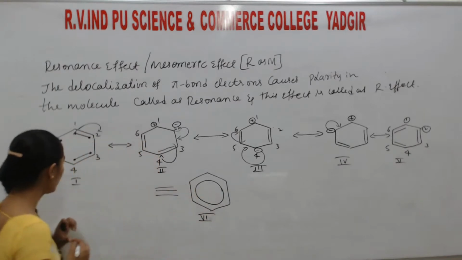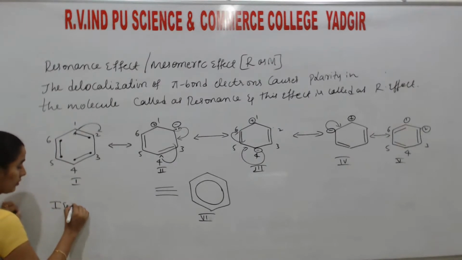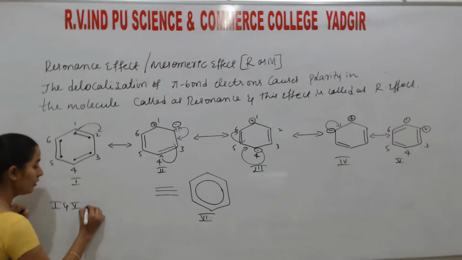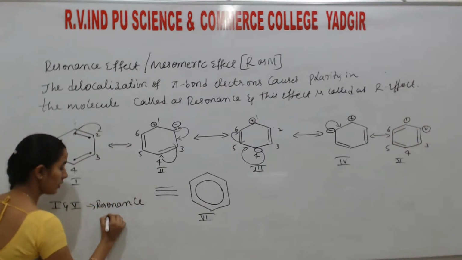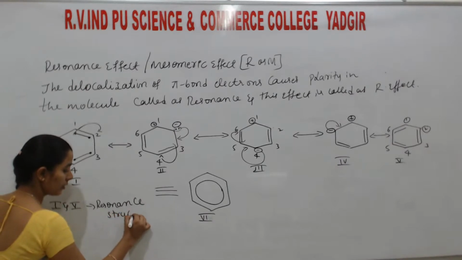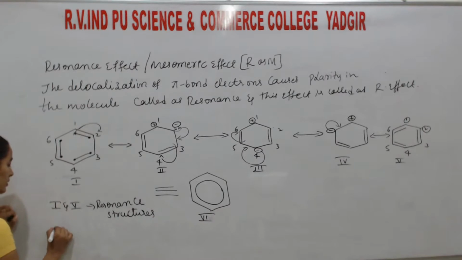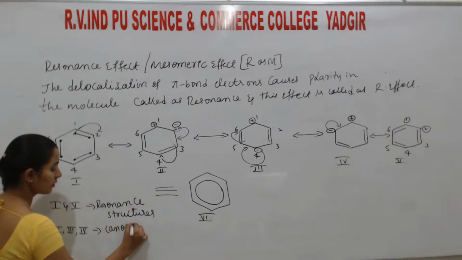So students, structures 1 and 5 are resonance structures, and structures 2nd, 3rd and 4th are canonical forms.